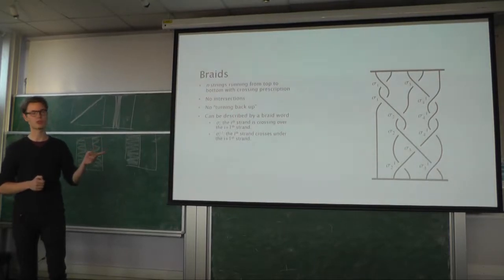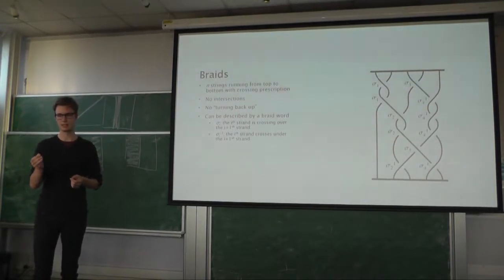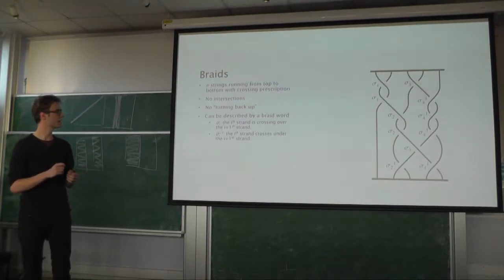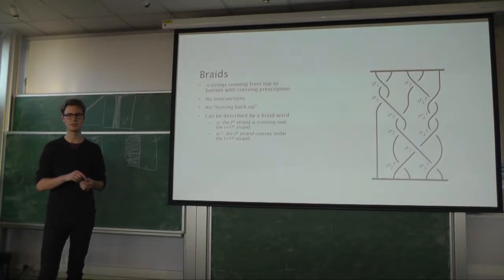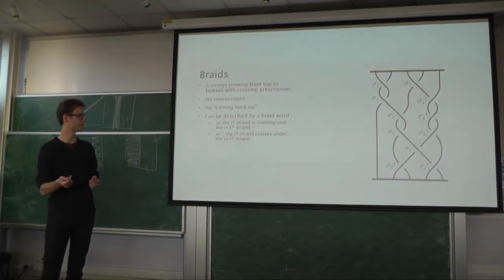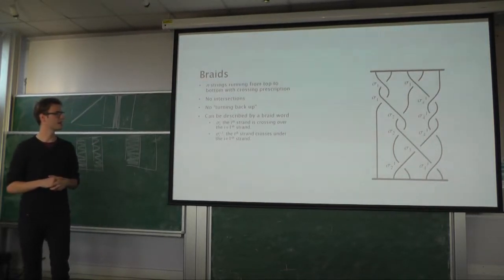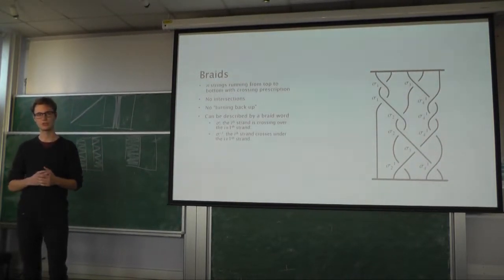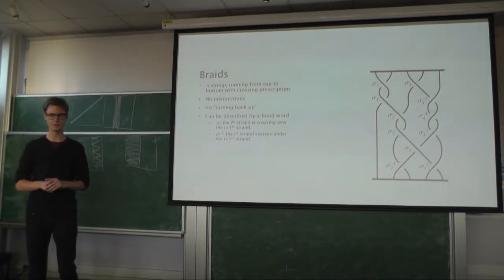The subscript denotes the strand that is crossing, and a positive power means that it's crossing over the i+1 strand, and a negative power means it's crossing under the i+1 strand. Also, the strands are not allowed to turn back up, so you only go downwards.